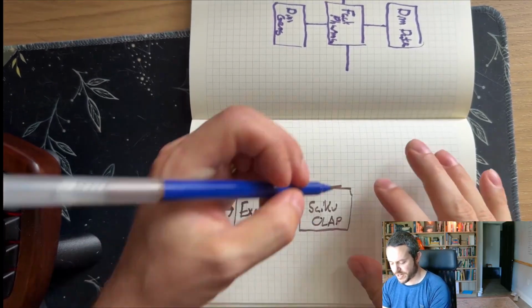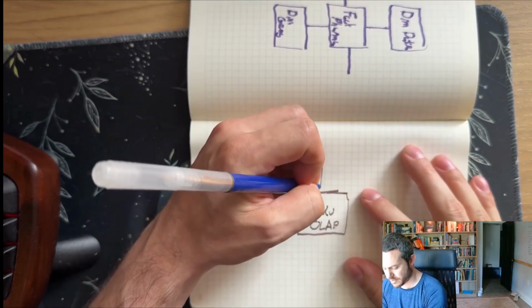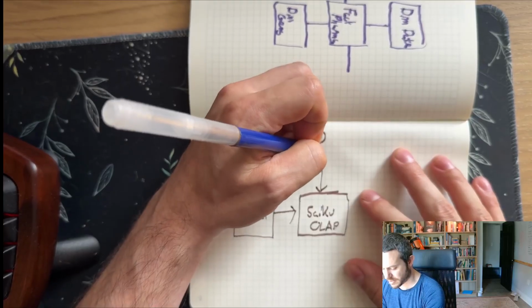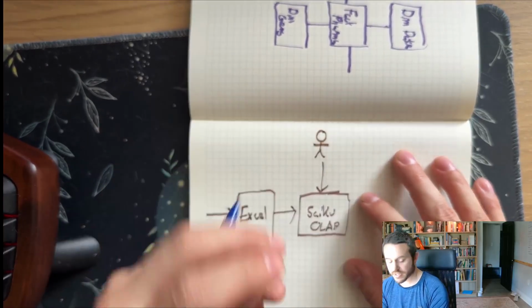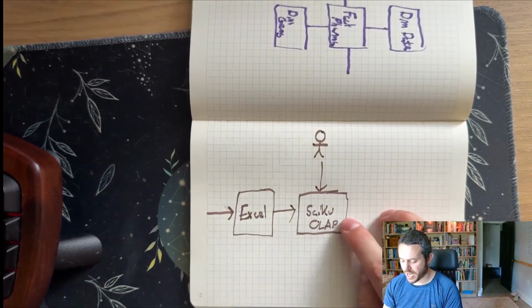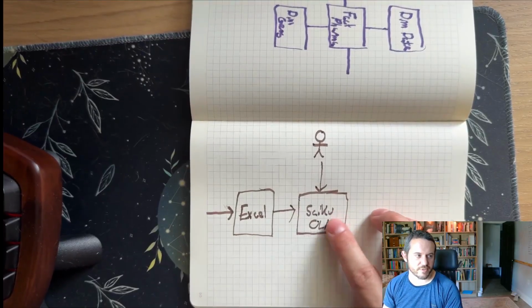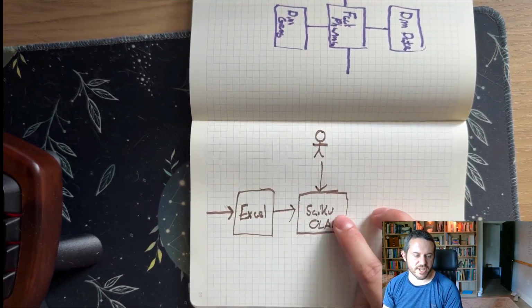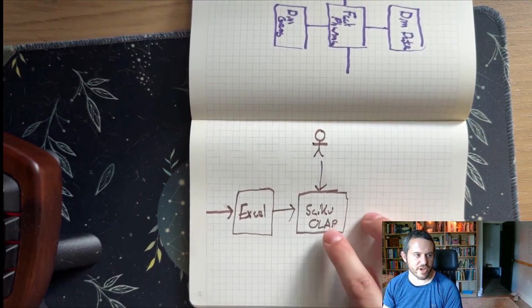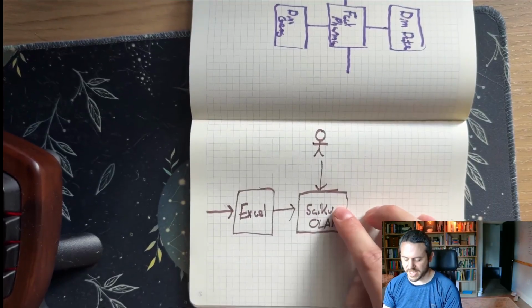But of course, what you end up doing is then allowing, let me draw my favorite stick person. So stick person interacts with Seku OLAP from a UI, basically the thing that we have just done. So they can come along, they can click, they can look at some dashboards, they can look at some reports, they can do a range of different things, just dragging that data around.